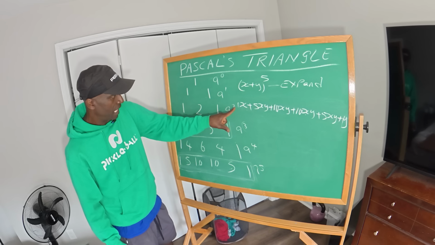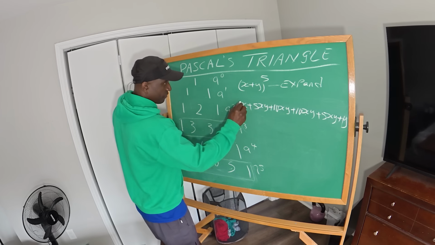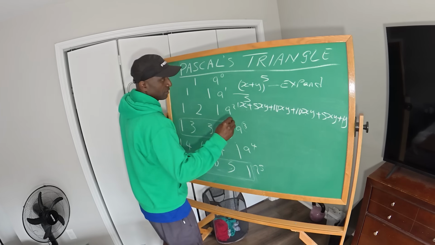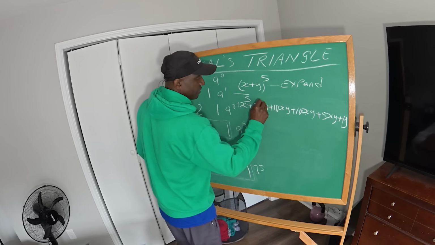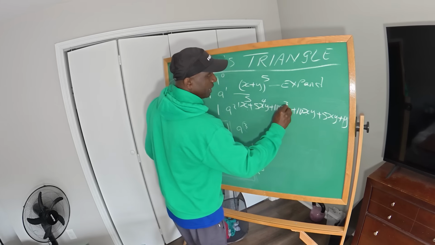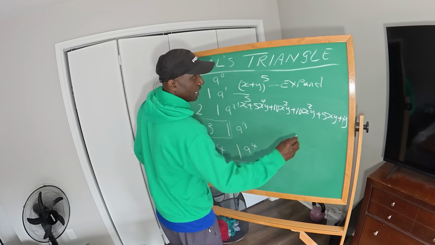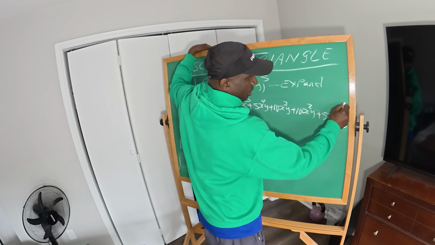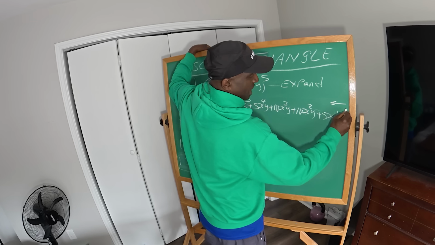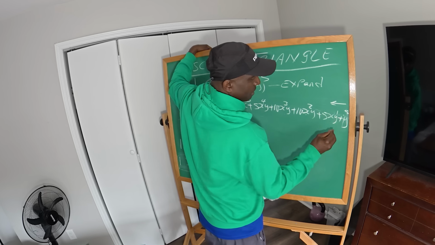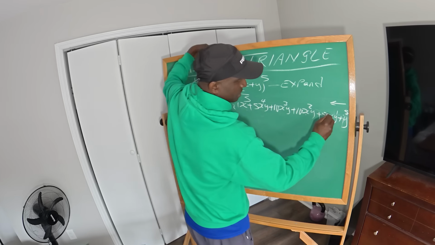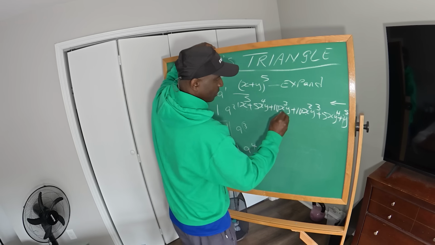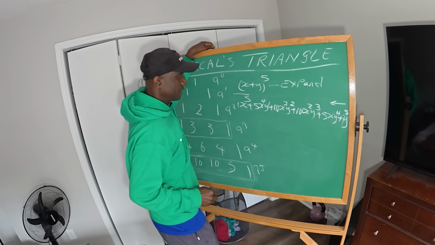Let's go from left to right. We start with a fifth power, and we decrease as we go. So now we have x to the 5, x to the 4, x to the 3, x to the 2, and that's x to the 1. Going this way, we start with y to the 5th power, then y to the 4th power, y to the 3, y to the 2, and y to the 1.